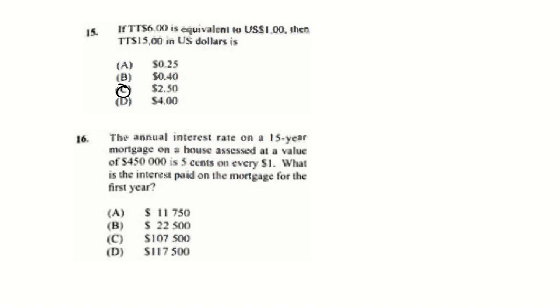So now it's 5 cents on every dollar. 0.05 over a dollar to percent. It's easier to deal with percent. It's 5%. Right? So they said that it's 5%, so it's 5 over 100 multiplied by 450,000.